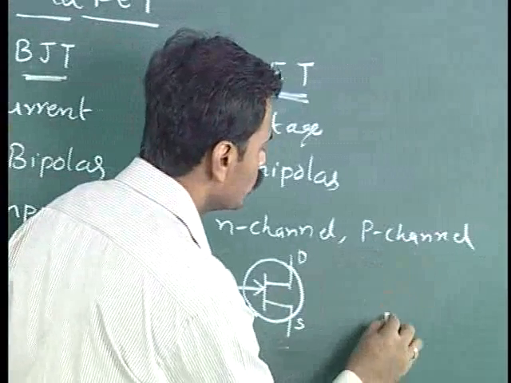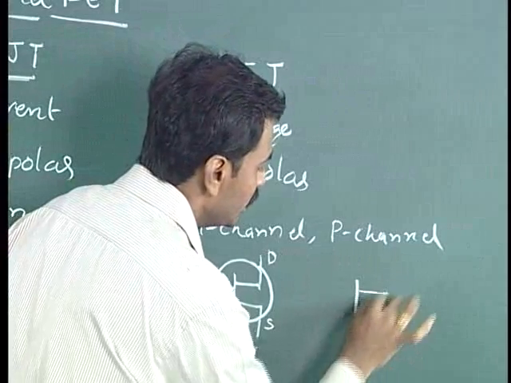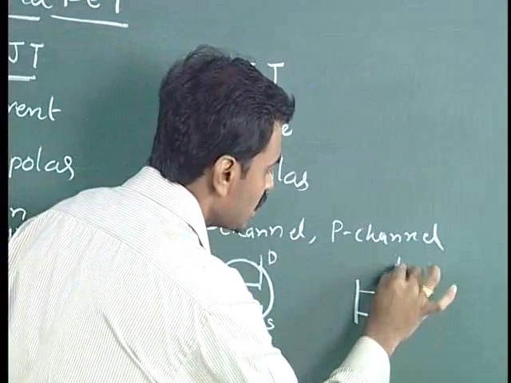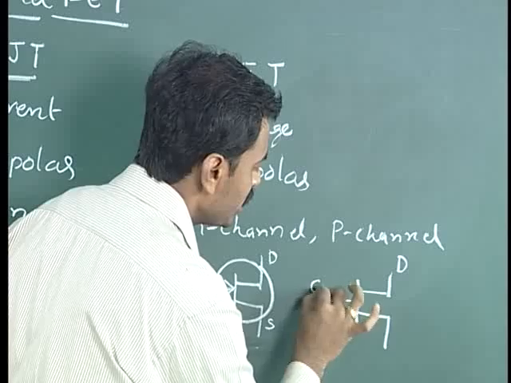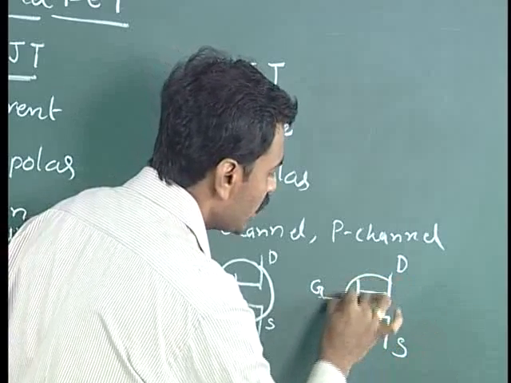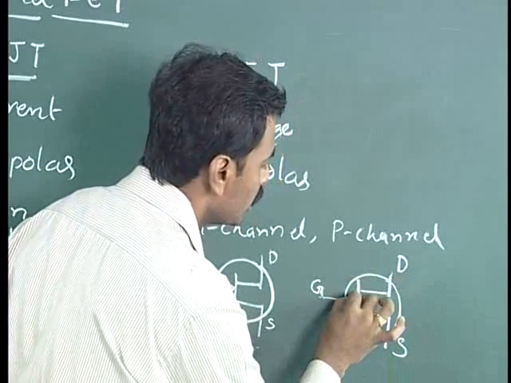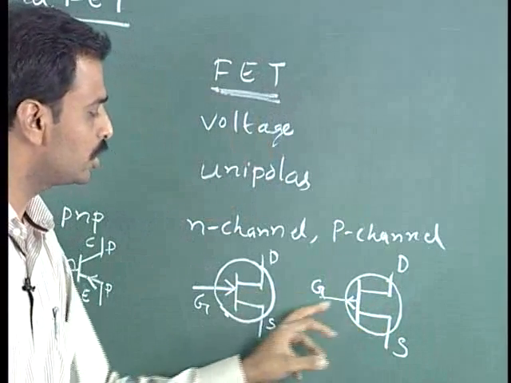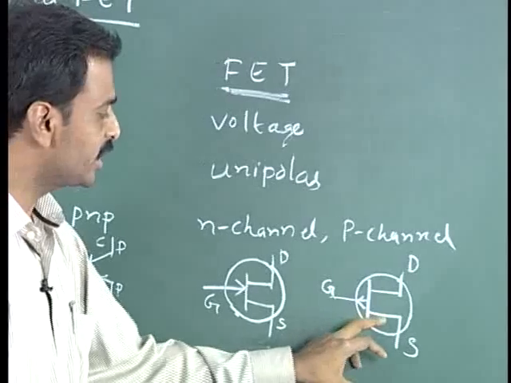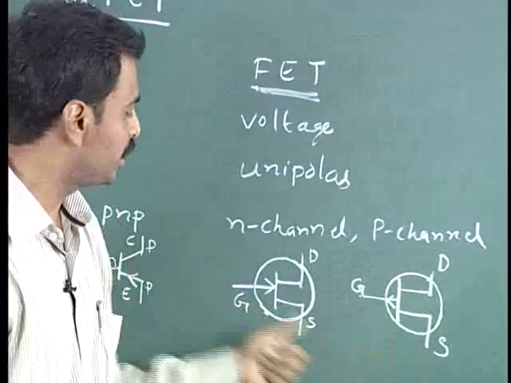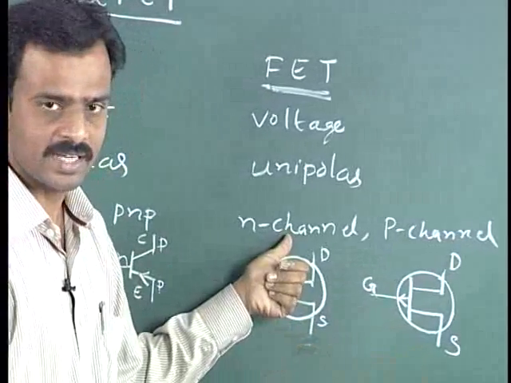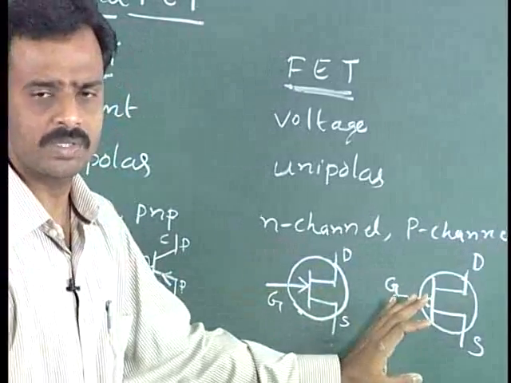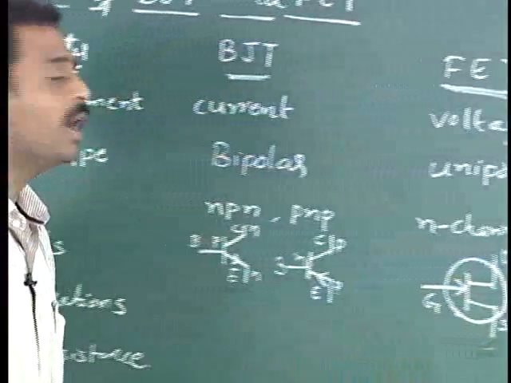Now the P channel also has three terminals, the drain, the gate, and the source, but the arrow mark points outward from the symbol, away from the gate. This represents the P channel, and the arrow towards the symbol represents the N channel. These are the symbolic representations of BJTs and FETs.